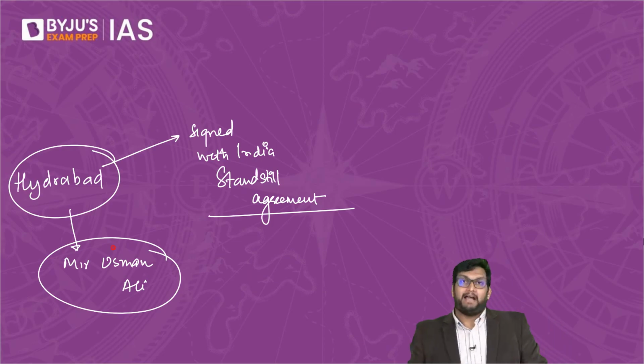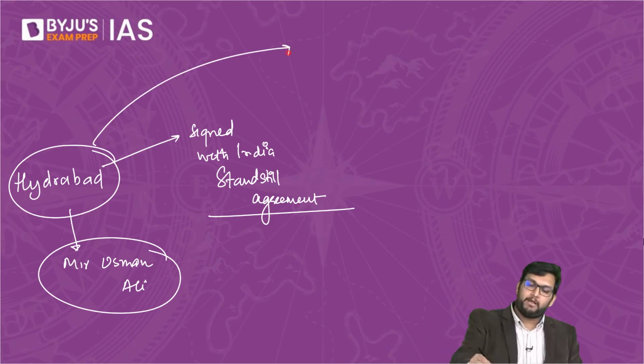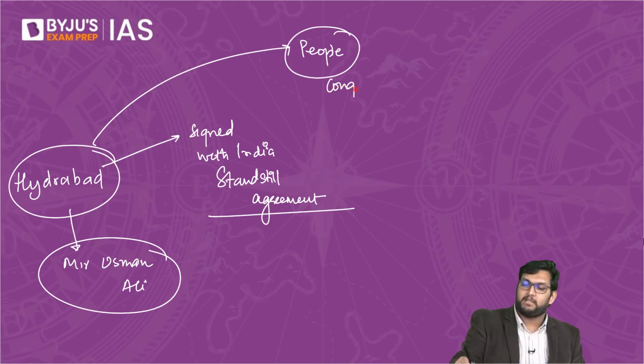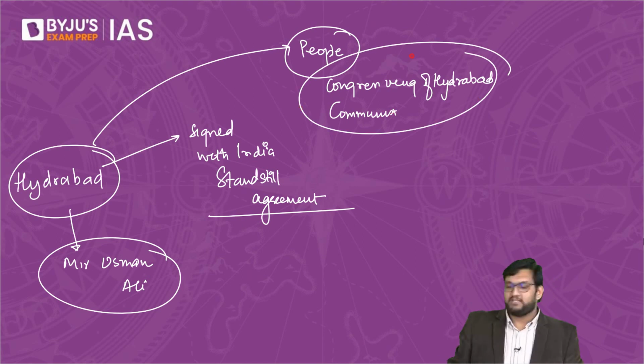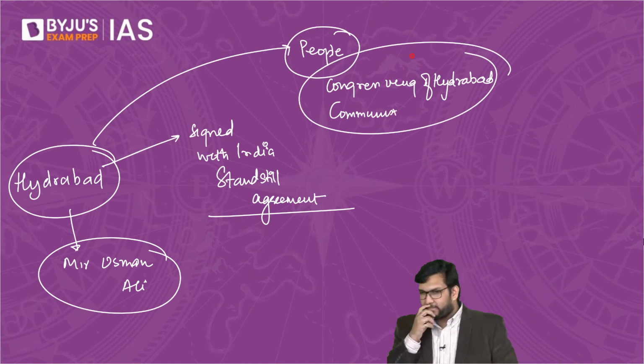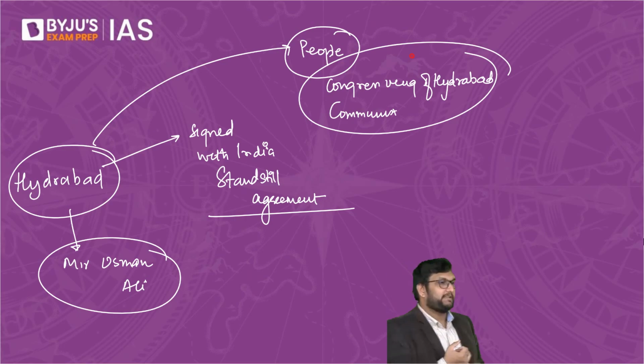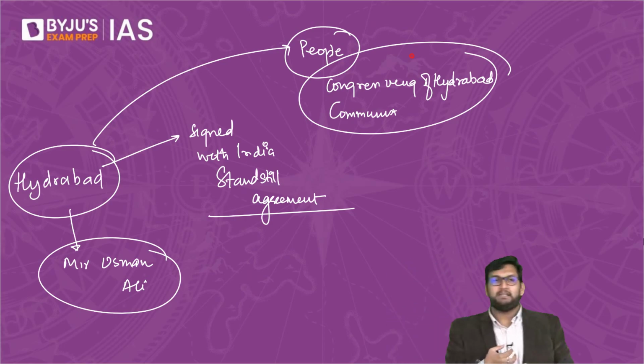Now, again, in Hyderabad, there will be a proper people's movement which is going to rise, in which the Congress wing of Hyderabad, even the Communist Party, are now going to come on the streets. The people knew that the Nizam was extremely tyrannical, very, very bad.